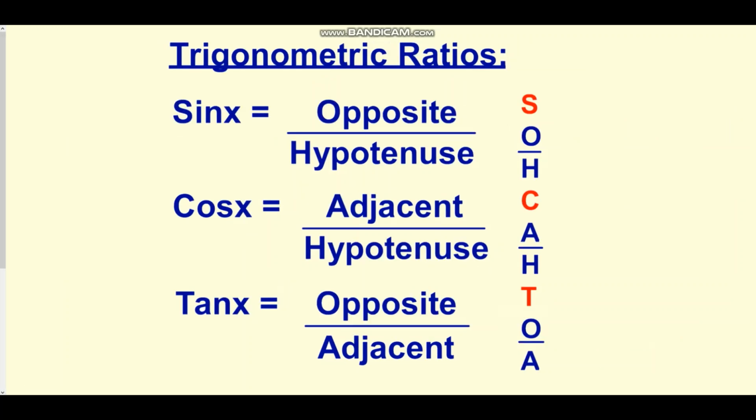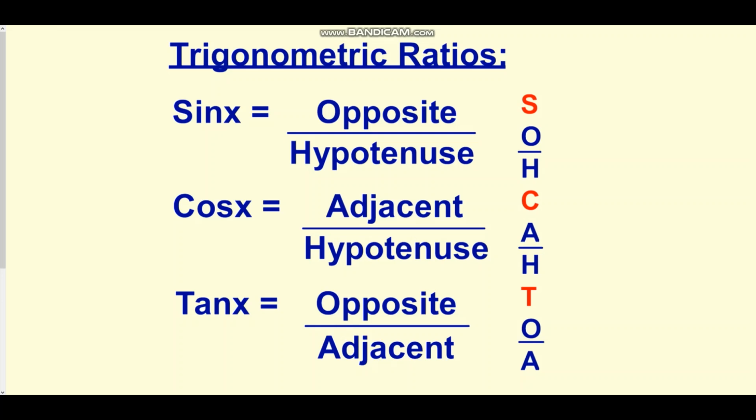Now that we know how to name sides, we can also find the three trig ratios that you're going to learn in this course. There's sine x, which is the opposite side divided by the hypotenuse. There's cos x, or cosine x, which is the adjacent divided by the hypotenuse. And there's tan x, or tangent x, which is the opposite divided by the adjacent. SOHCAHTOA is the acronym you need to remember that order.